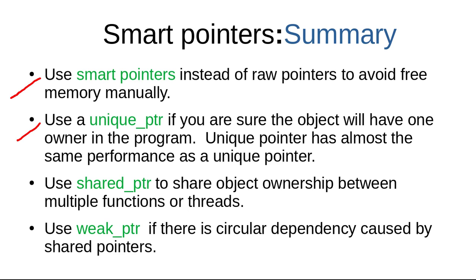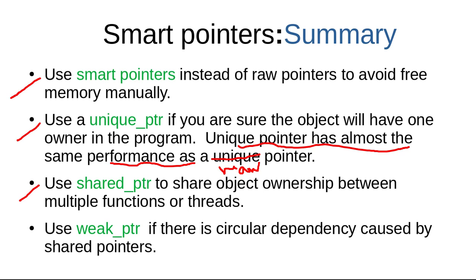Unique pointer has almost the same performance as raw pointer. Use shared pointer to share object ownership between multiple functions or threads. Shared pointers are very easy to use. You can share them with multiple functions and multiple threads.